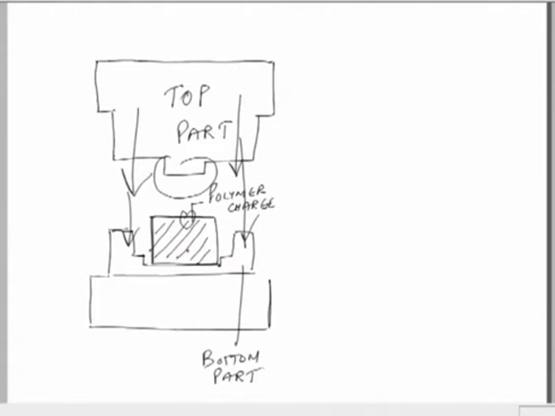So when the top half and the bottom half of the mold combine together, they would apply pressure on the polymer charge. The polymer charge is in heated condition because of the heating elements, and we will get the final product according to the desired dimensions as well as the desired shape. So let us see now when the two parts close together how we will get the final product.